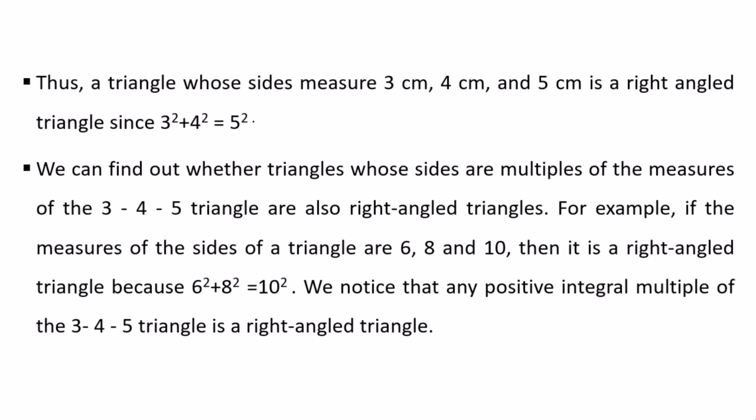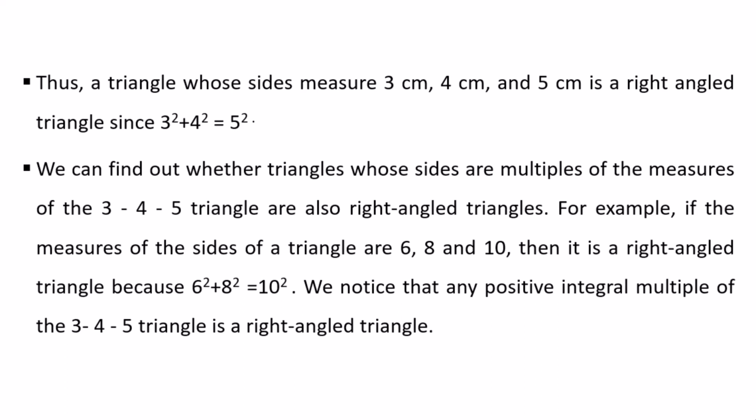Thus, a triangle whose sides measure 3 centimeters, 4 centimeters, and 5 centimeters is a right angle triangle since 3 squared plus 4 squared is equal to 5 squared. You can find out whether triangles whose sides are multiples of the 3, 4, 5 triangle are also right angle triangles.